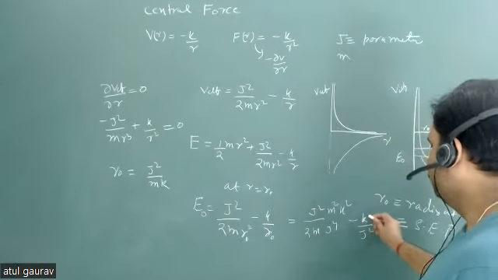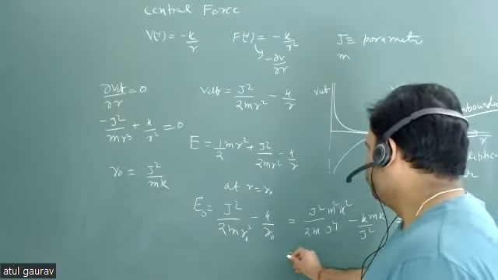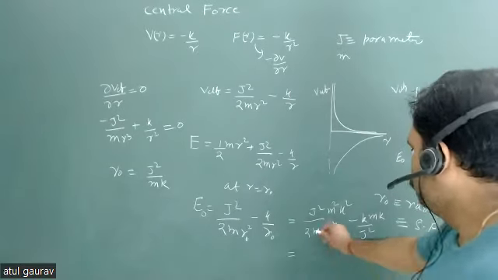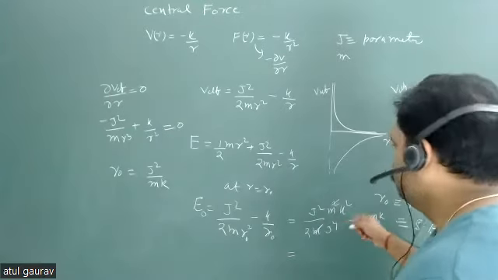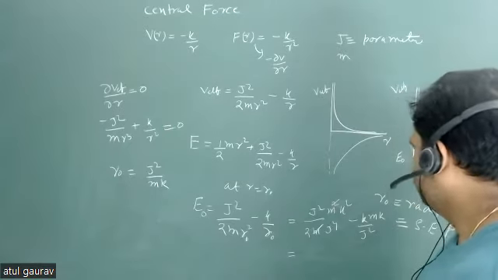And here we have mk. So what will be this value? One m will cancel, and k square is also there.